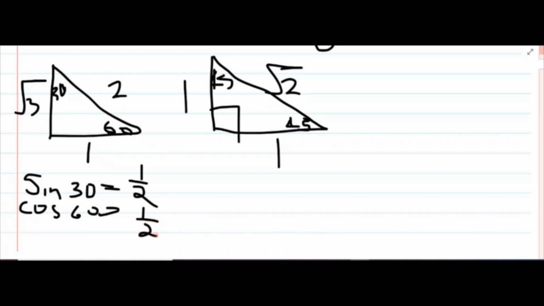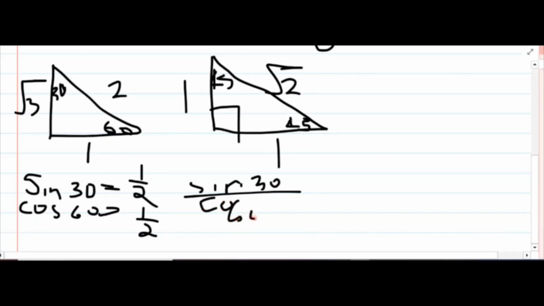Guys, notice that these have the same values. Their values are equal. So sin 30 over cos 60 is equal to 1, because they're cancelling. It's 1 over 2 and 1 over 2.